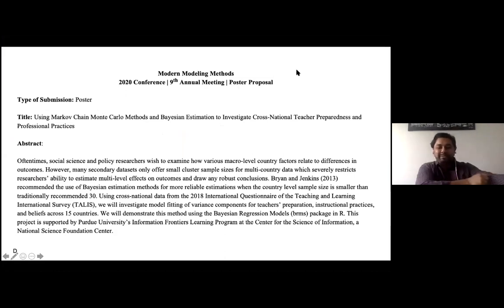So this is actually a little bit different from what we have talked about earlier. This is one of the abstracts that the group is planning on presenting as a poster.